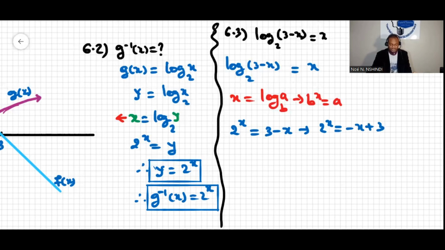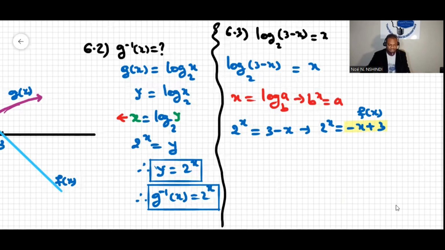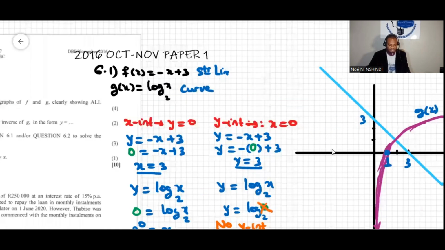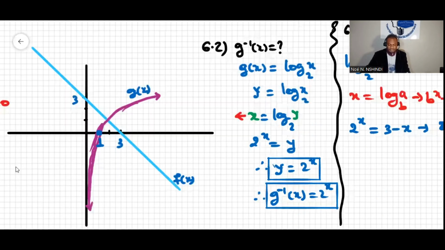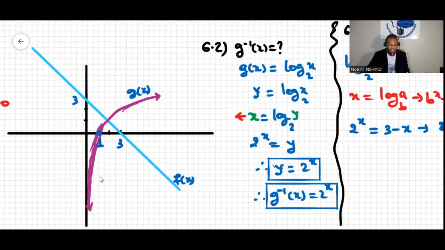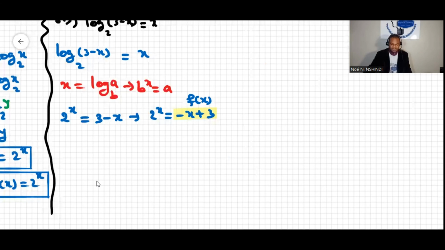Now if I remember, this was f of x. If you check, f of x is negative x plus 3. So we can also use that. Then what can we say about log of 3 minus x base 2?